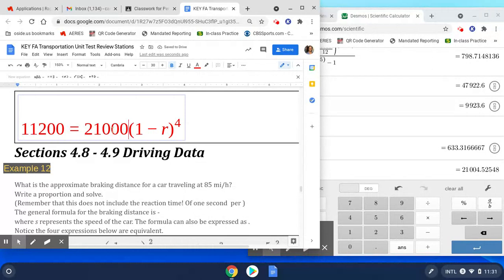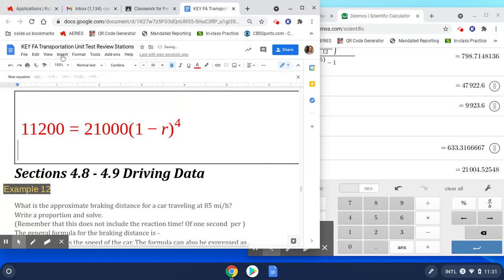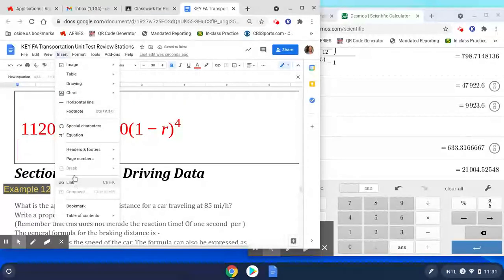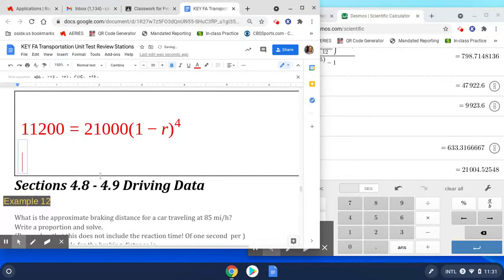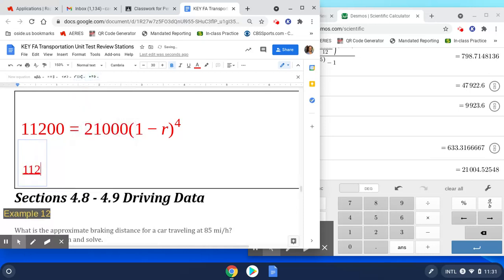All right, so first I'm going to take and divide. So insert equation. I'm going to do the fraction thing up here, sorry. Fraction 11,200, and then our denominator is going to be dividing by 21. Oops.